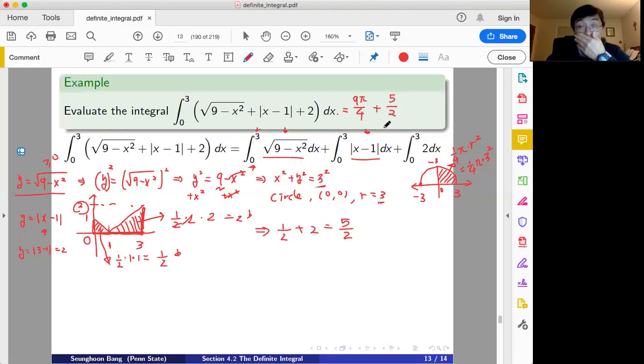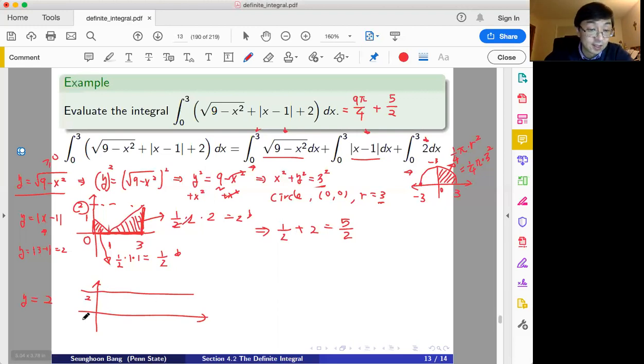So like this. The next one, the last one: y equals the constant function 2. What's the graph of a constant function? The graph of a constant function is a horizontal line, passing through 2. What are the lower limit and upper limit?